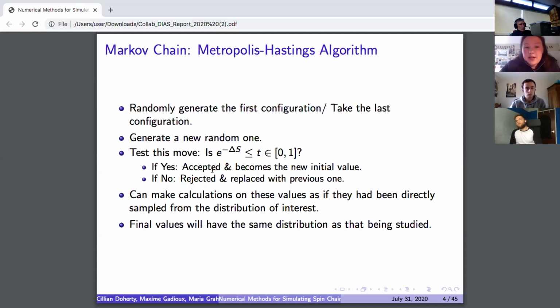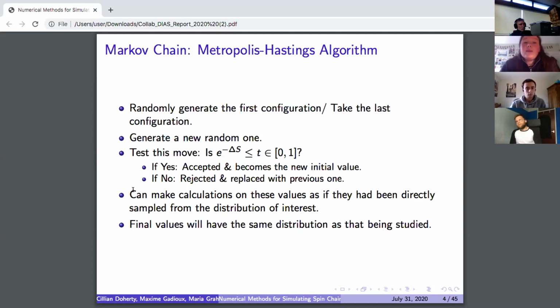The test here is the exponential of the change in the action between this new value and the previous one. If this is less than or equal to a randomly generated number t between 0 and 1, it is accepted and it becomes the new initial value. If not, it's rejected and then replaced with the previous value, and this process is repeated.